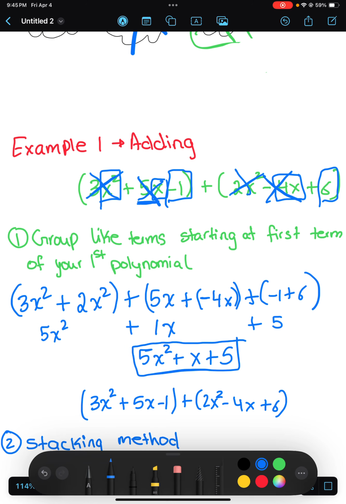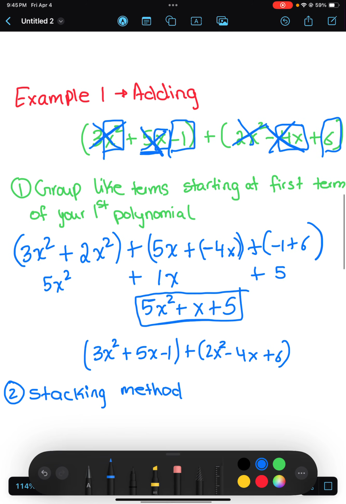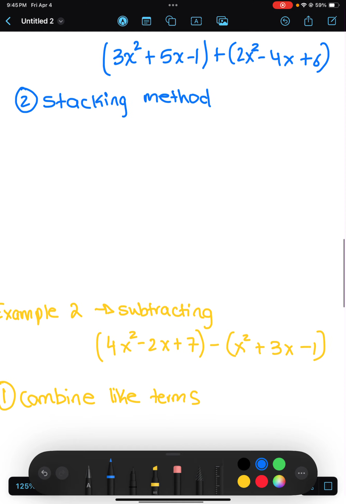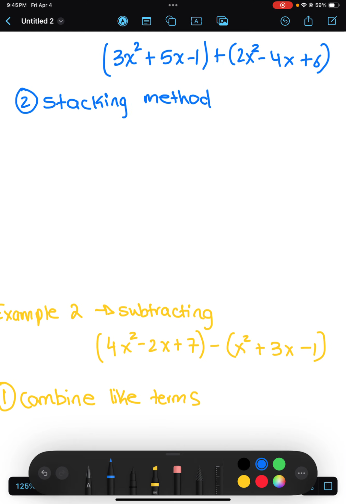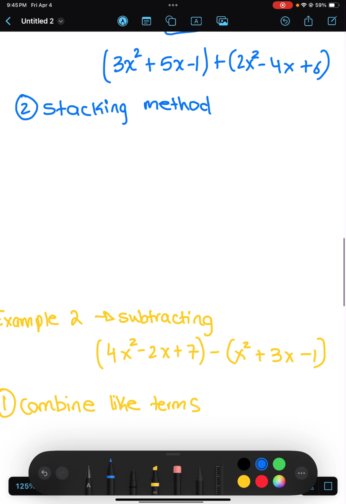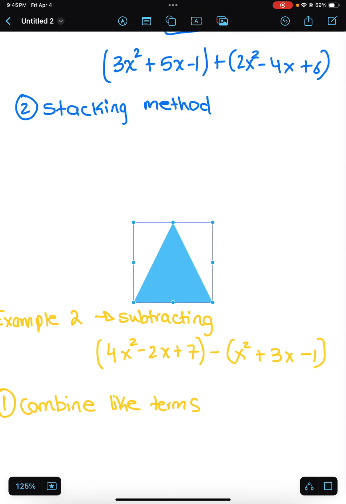And that's your answer. Now, if you were like, I do not understand that method, that totally confused me, you can use the stacking method. Okay, because it has a more visual aspect to it for some people. So we can always use the stacking method if that's something that makes more sense to you.